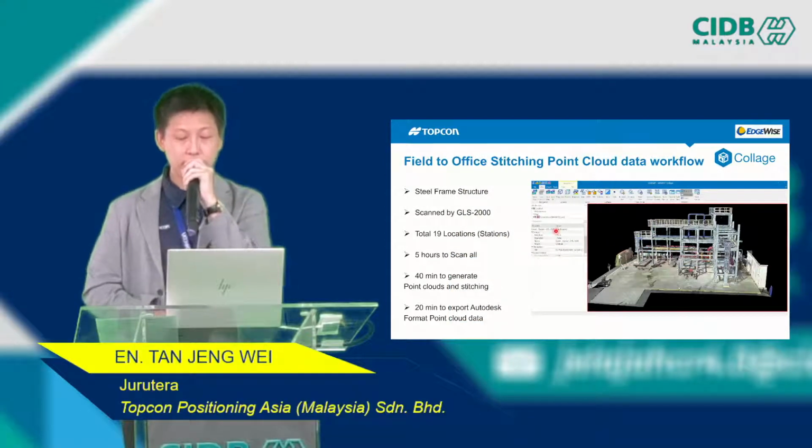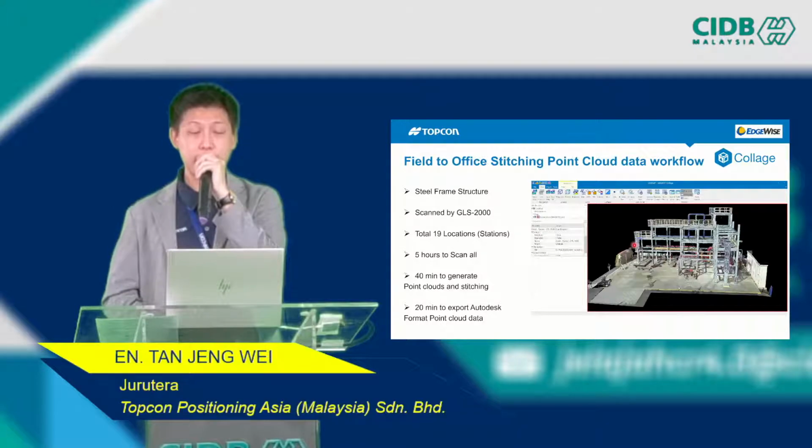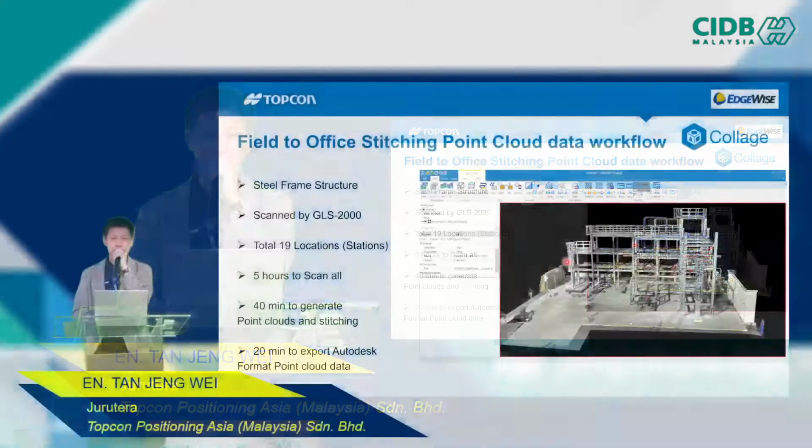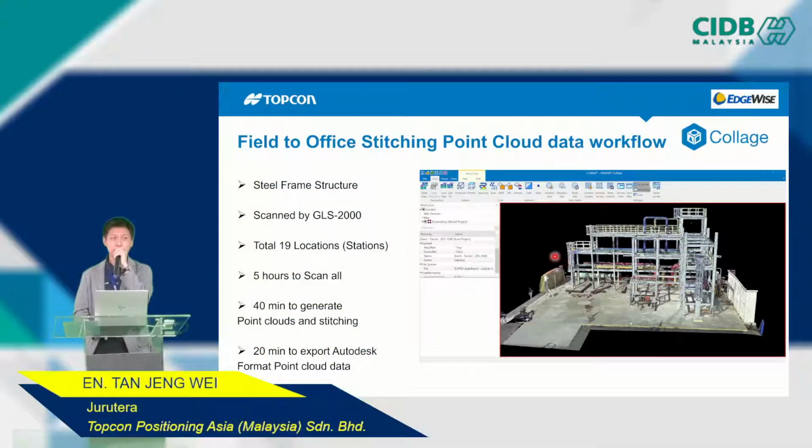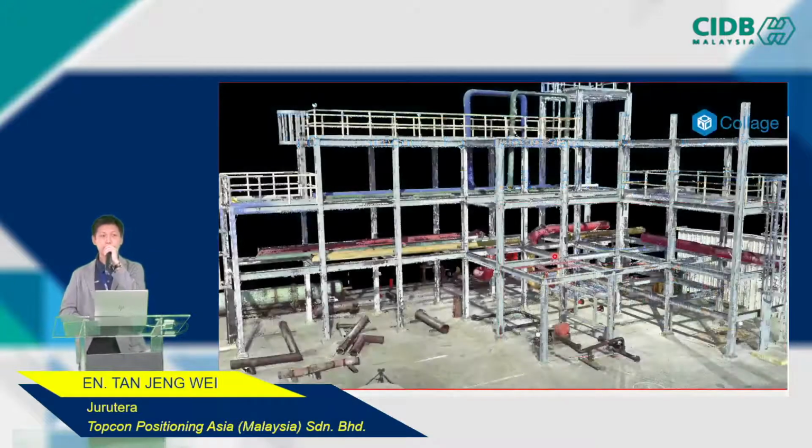It is a steel frame structure. We use our scanner to scan, and it takes about 19 locations and about 5 hours. So this is what it will look like in point cloud.